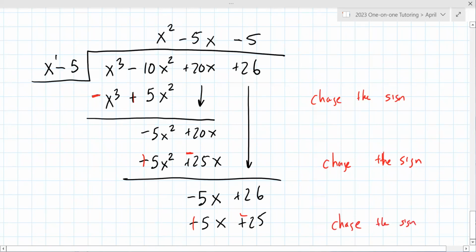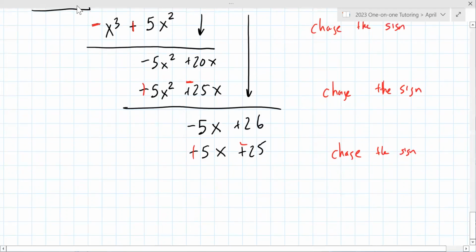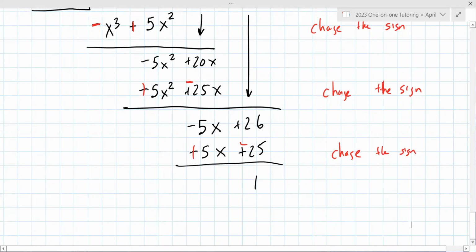And then this time you have a remainder of 1. Sometimes you get a remainder. So then would you just put like remainder 1 at the end of the answer?